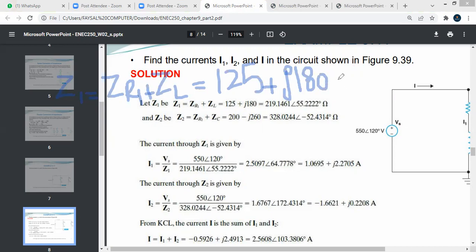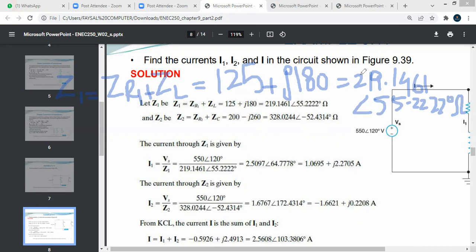So this will be equal to 219.1461 with the angle value 55.2222 degrees. Okay, so this will be my value of Z1.